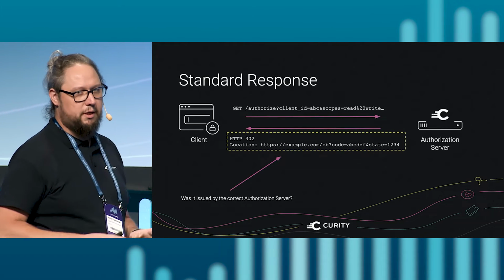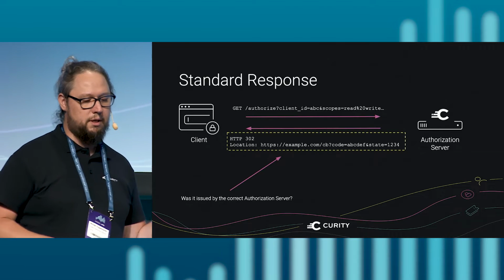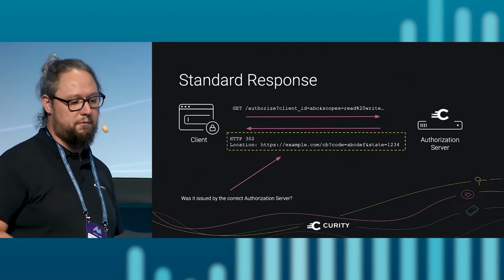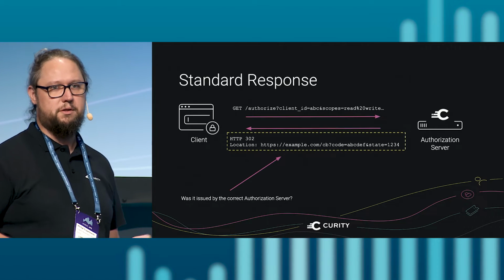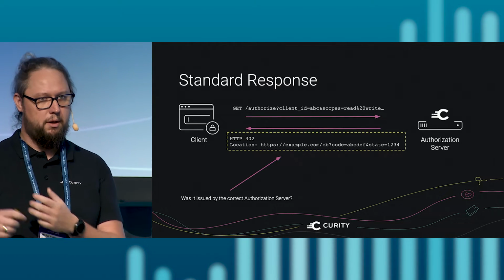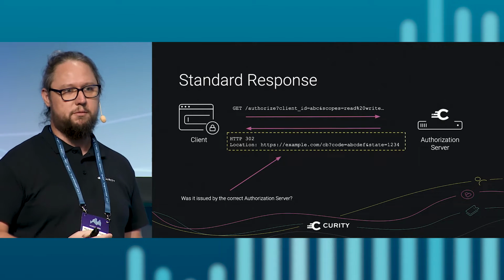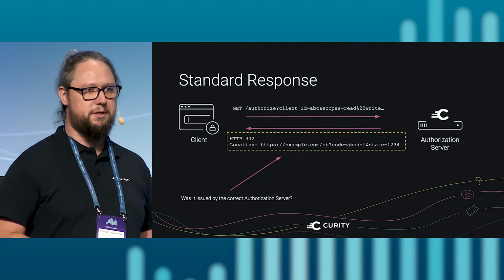And this, again, has a few problems. So the client doesn't know whether the code was issued by the original server that it contacted, because it has no information who the code comes from. And it might lead to some mix-up attacks.